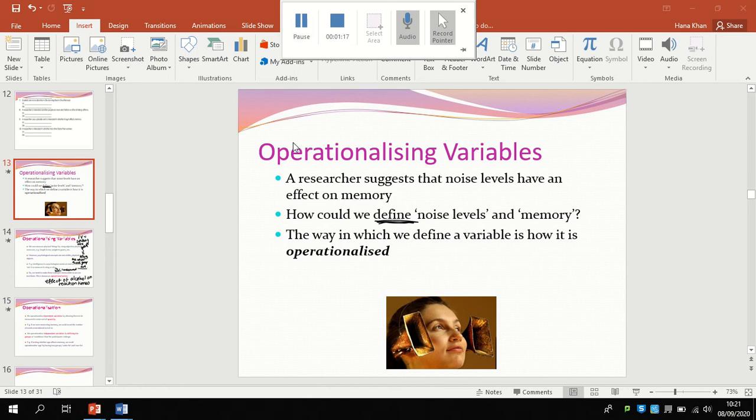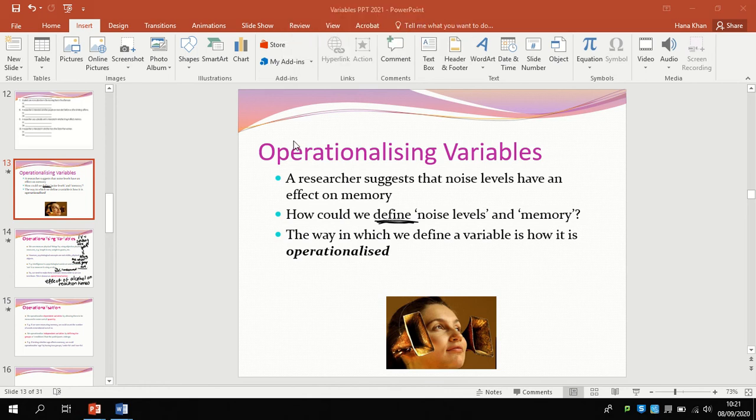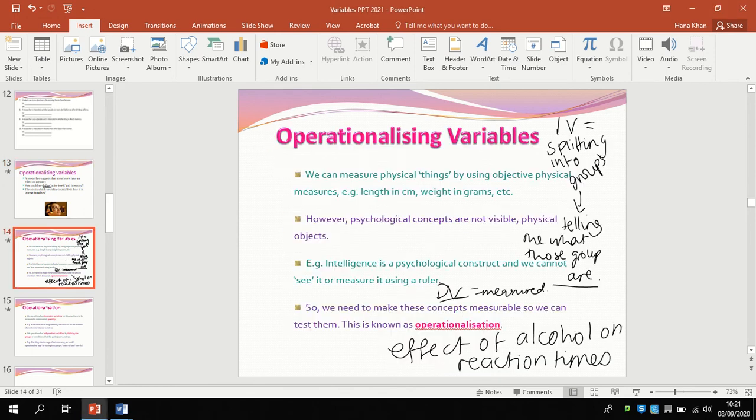Just like the example in class, we could define noise levels as very loud at 50 decibels or very quiet at, say, 0 decibels or silent. And how would we define memory? We could use a memory test out of 20. The way in which we define a variable, whether an IV or a DV, is how it is operationalized.